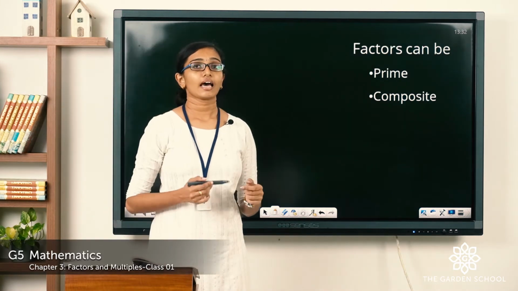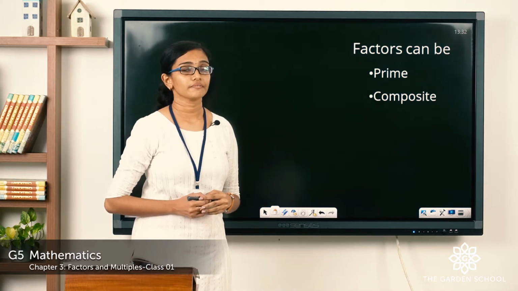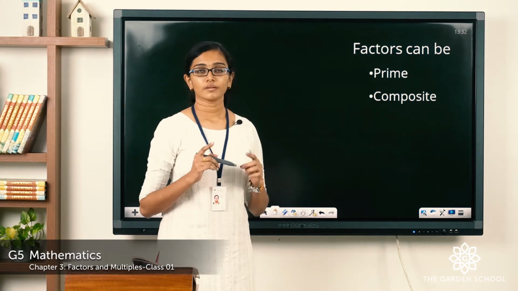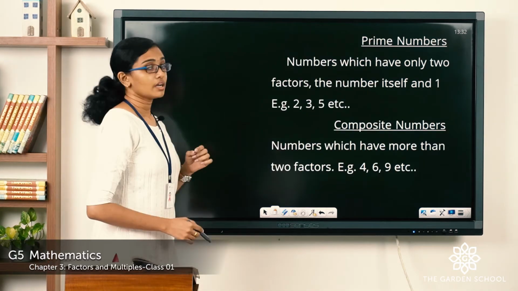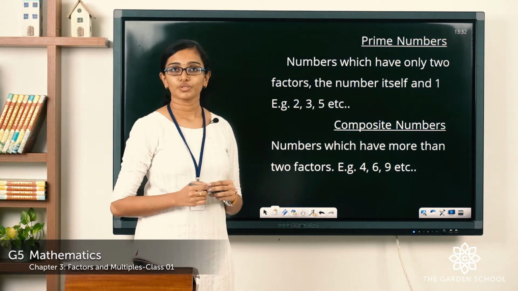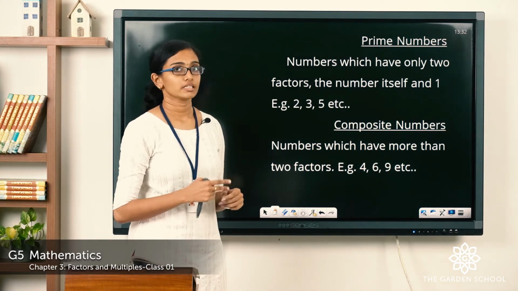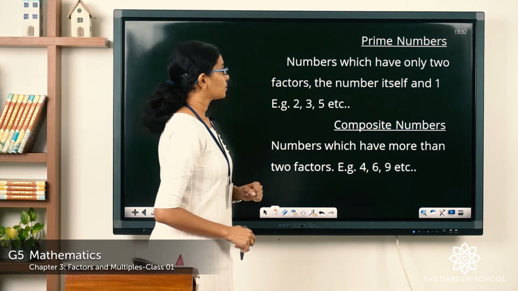Now, talking about factors, factors can either be prime or composite. Now, what are prime factors? Prime factors are prime numbers. We have learned about prime and composite numbers in our lower classes. Prime numbers are the numbers which have only two factors, means the number itself and the number 1. So, what does that mean?